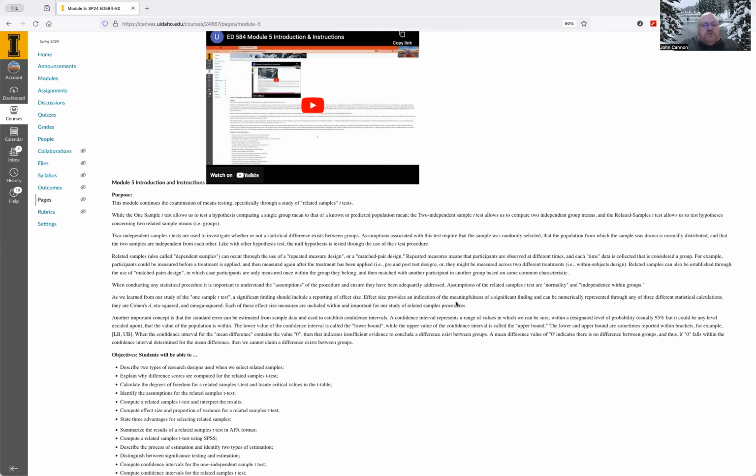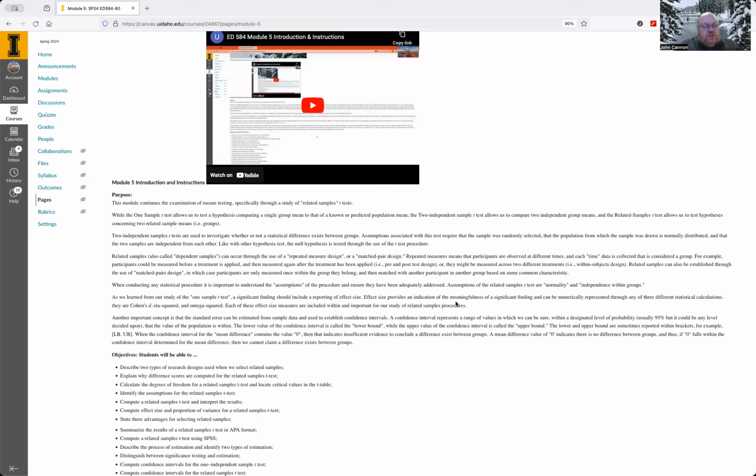The related samples, also called the dependent samples, can occur through the use of a repeated measures design or a matched pair design. Repeated measures means that participants are observed at different times, and each time data is collected is considered a group. For example, participants could be measured before a treatment is applied and then measured again after the treatment has been applied, such as a pre and post test. Or they might be measured across two different treatments, such as within-subjects design.